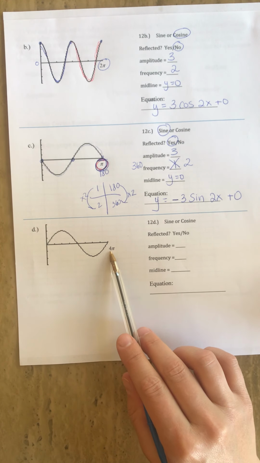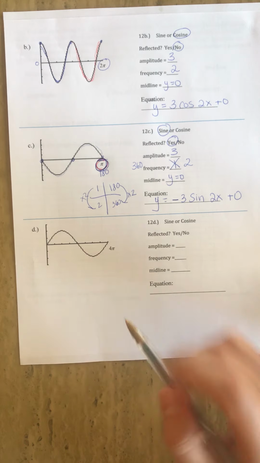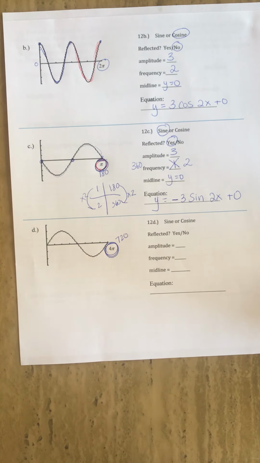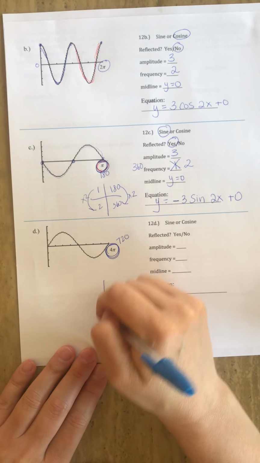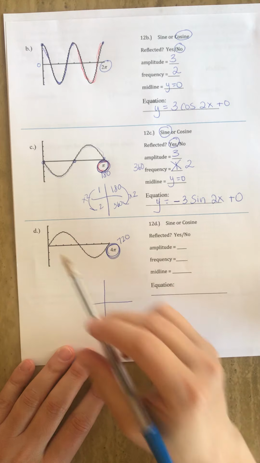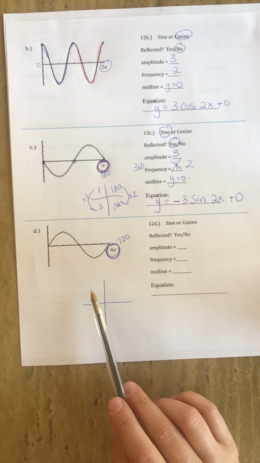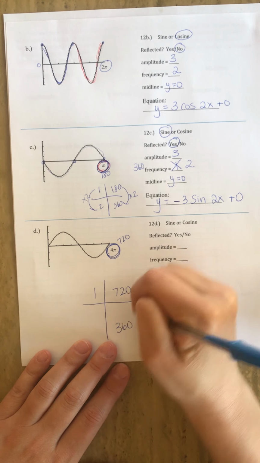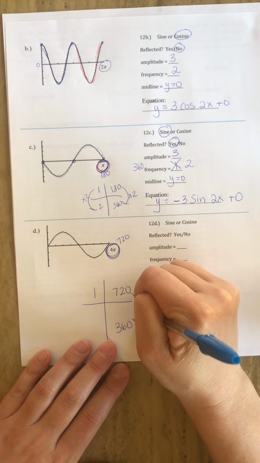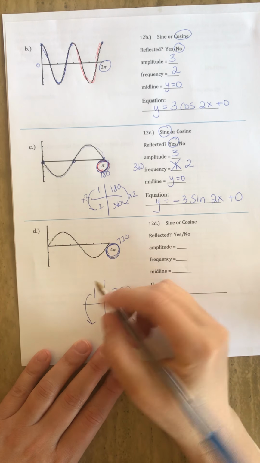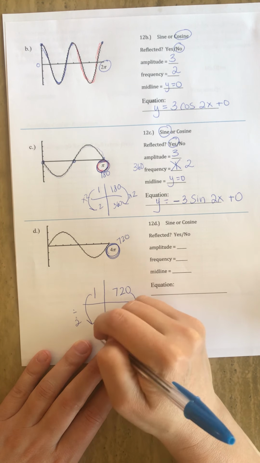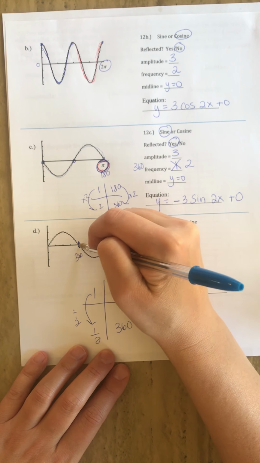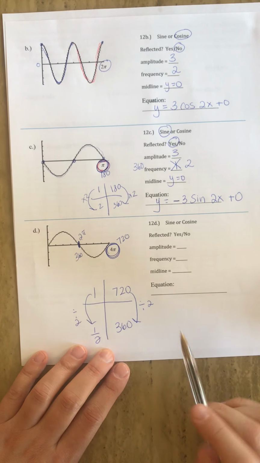All right, now this one is going to 4 pi, which is 720 degrees, and we only want 2 pi. So when we go ahead and do this, I'll show you that we're going to have one frequency at 720. We need to get to 360, so we have to divide this by 2. We're going to divide this by 2 also. So you're only going to have a half. Some kids can just see that this right here, halfway, is 2 pi, which is also 360.